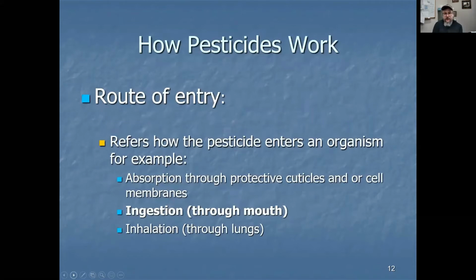How pesticides work. So what happens once the pesticide enters the body, and we're going to talk about the route of entry. Okay, this refers to how it enters. So it can be absorbed through protective cuticles or cell membranes. It can be ingested through the mouth or inhaled through the lungs.